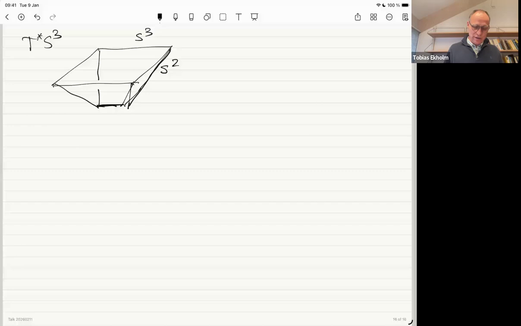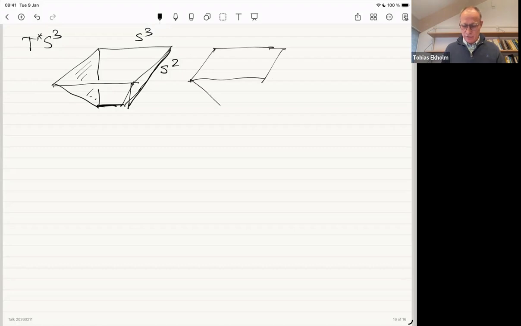So the S2 here bounds a D3, right? But then I can imagine shrinking the S3, and if you know a little bit of algebraic geometry, this is just a quadratic cone in C4. And so here I shrunk them both, and then I can go out.